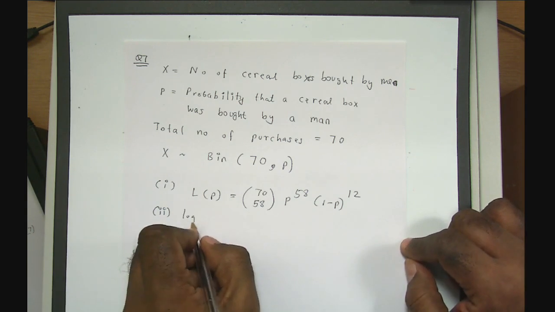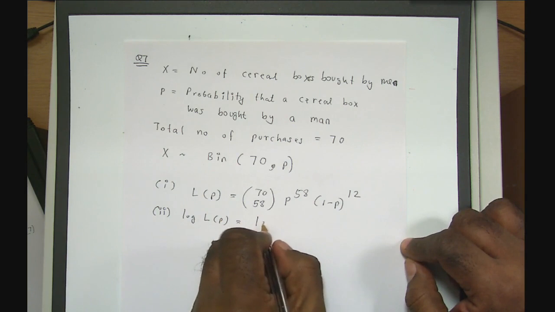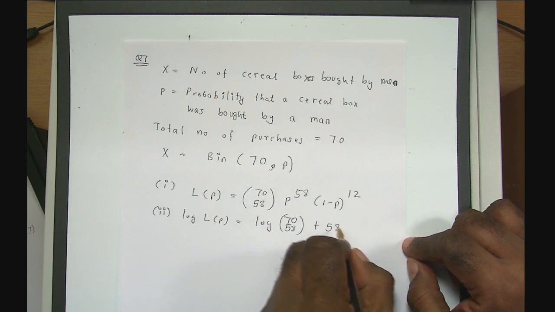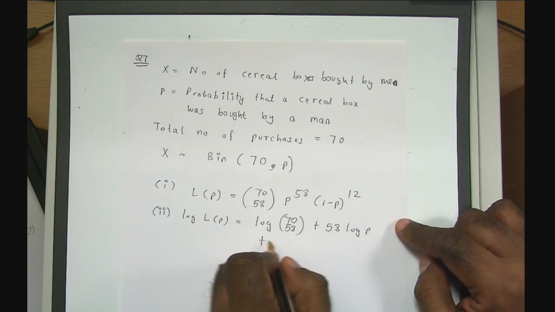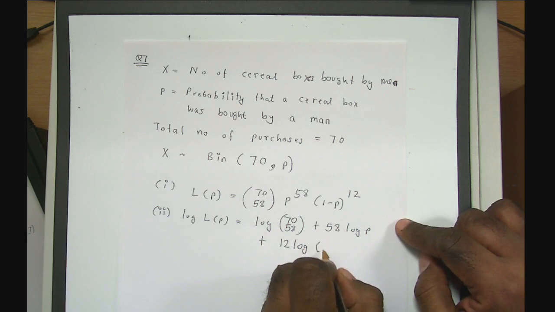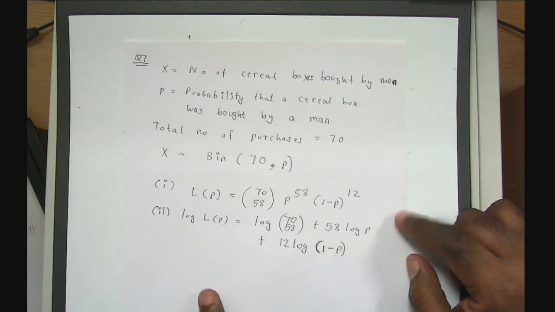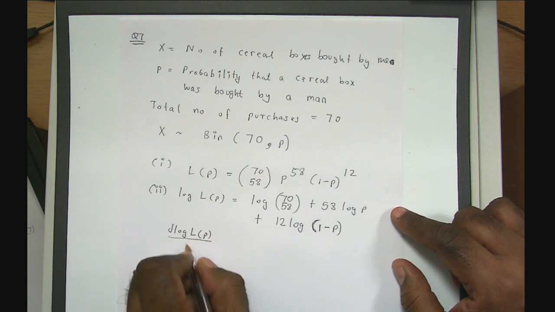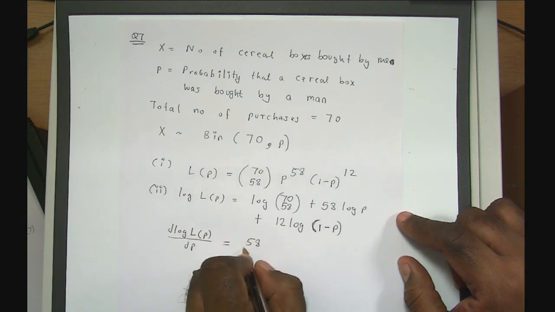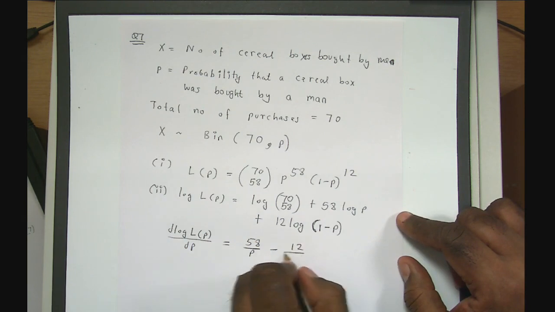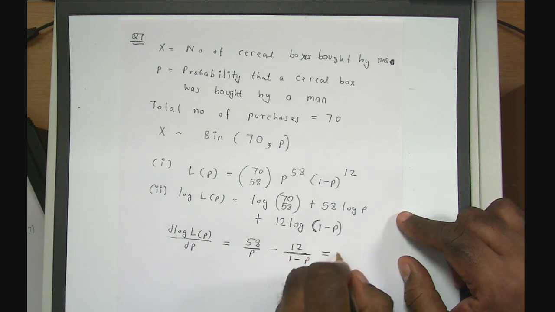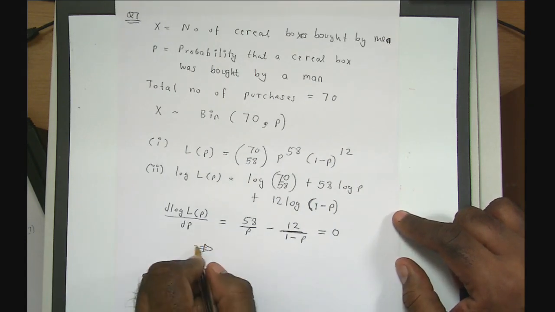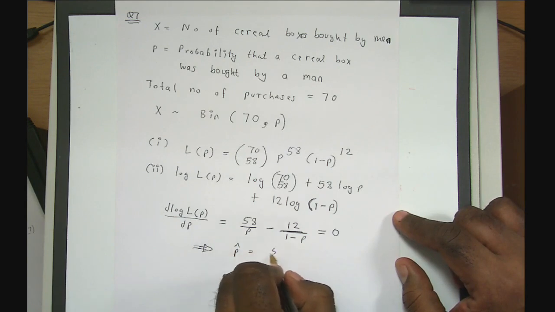You take the log of the likelihood, and then you differentiate the log likelihood with respect to P. Set this to 0, and solve for P. If you solve this equation for P, you will get P hat equal to 58 by 70.